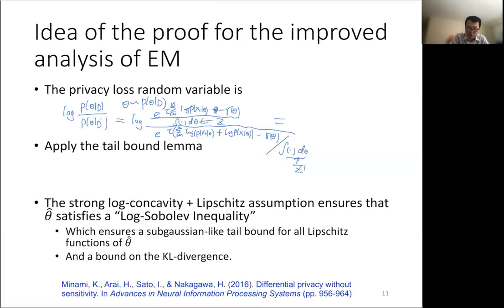All we're left with, because this r got canceled out with r, and all the first n data points got canceled with the loss of the first n data points, is this minus log p of this additional data point that got added to the data set d prime, plus log z prime minus log z.